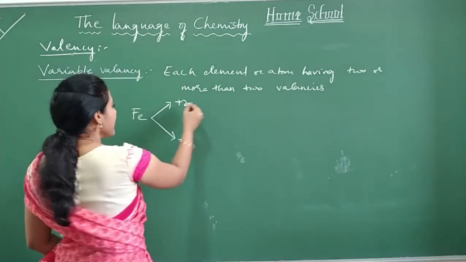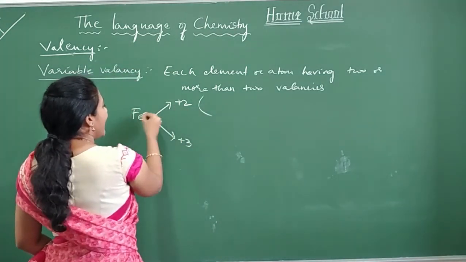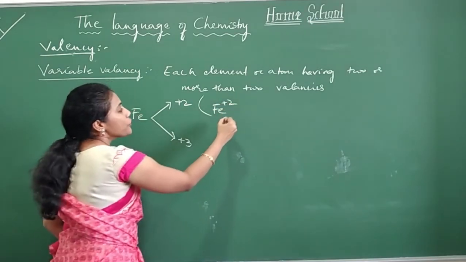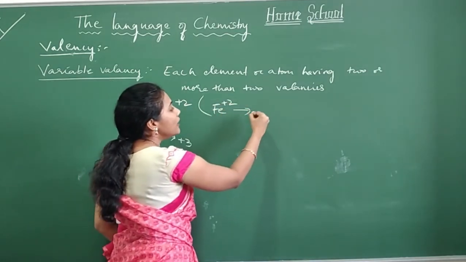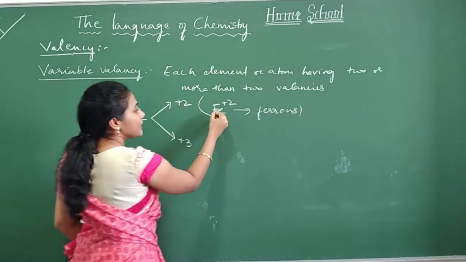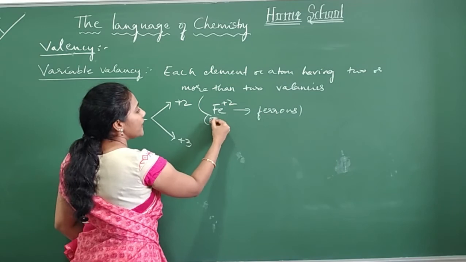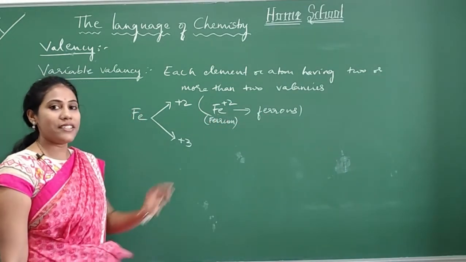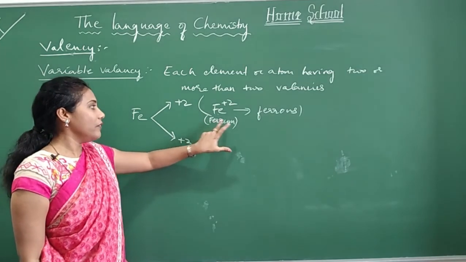Say whenever iron is having +2, we will write it as Fe +2. So Fe +2 is called with the name ferrous. Actually the name of iron is ferrum. You know, iron, I is not the symbol here.